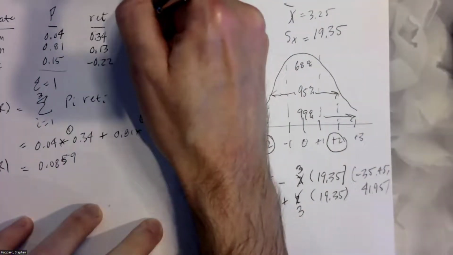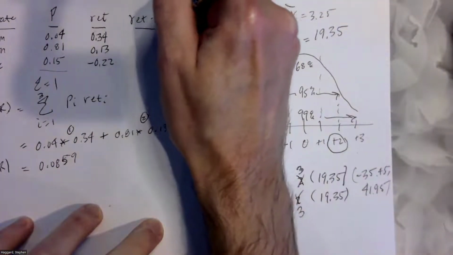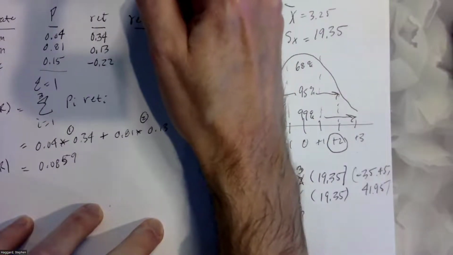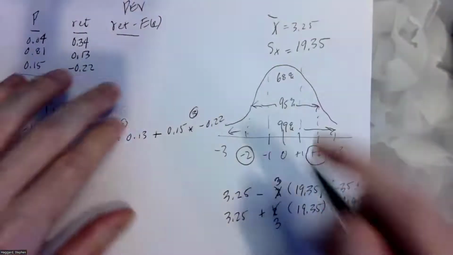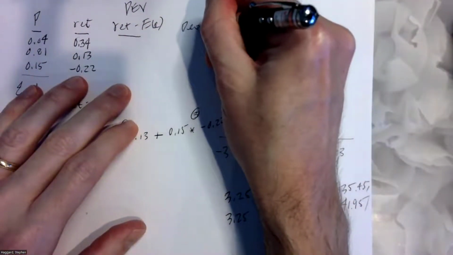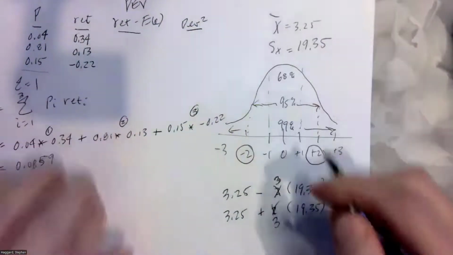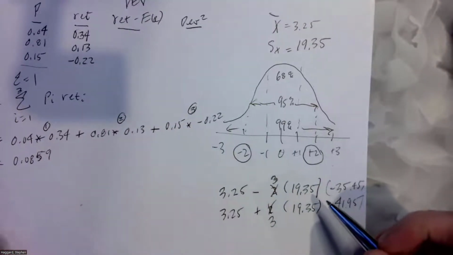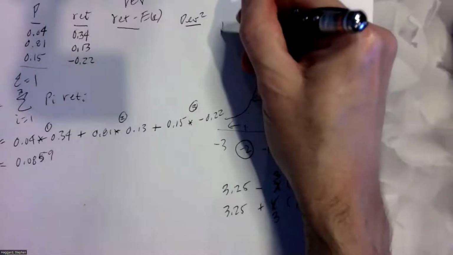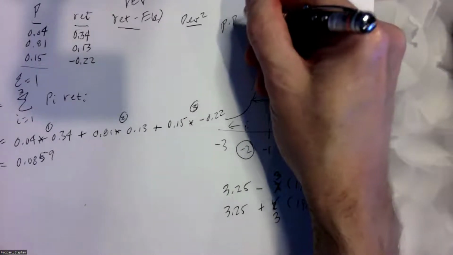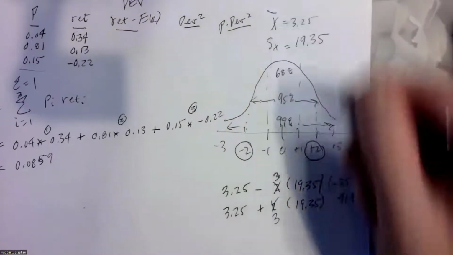So we're going to have to take the return minus the expected return to get this deviation. And that's what we're going to square. And so after that, we'll have our deviation squared. And then what's the very last column that we're going to calculate? The probability multiplied by the deviation squared.